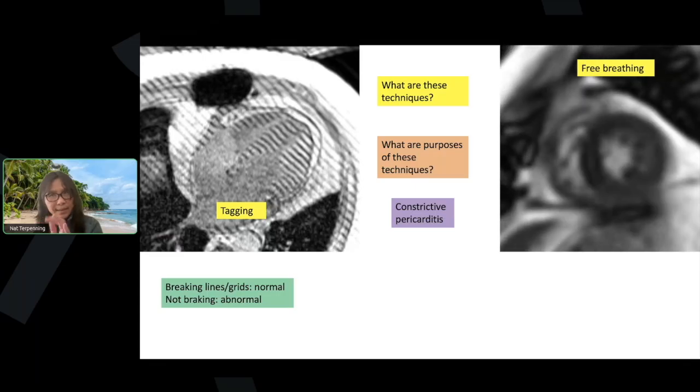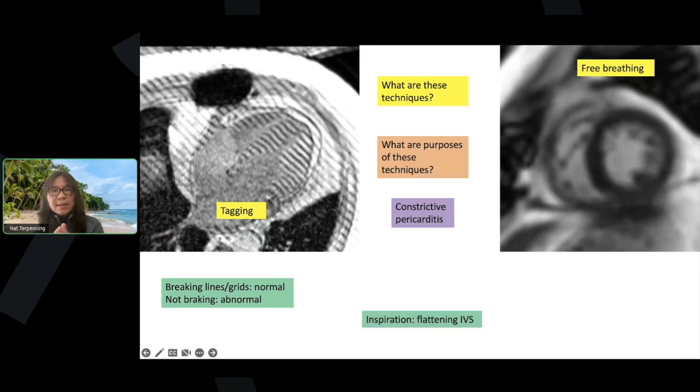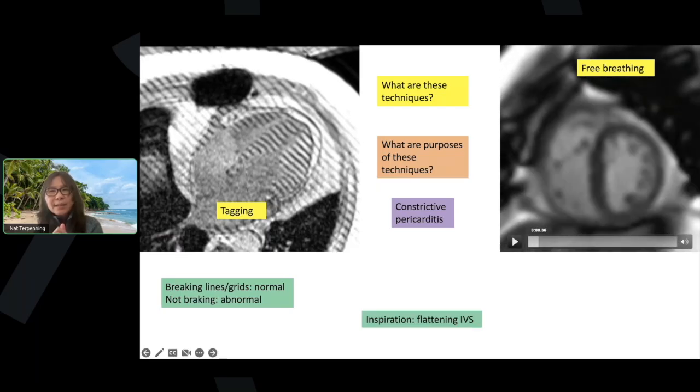Just in early inspiration, if you see flattening of the interventricular septum during inspiration, that tells you the patient has constrictive pericarditis, because the pericardium is so stiff and the heart cannot expand. You probably have to read about ventricular interdependence to understand the physiology of this.